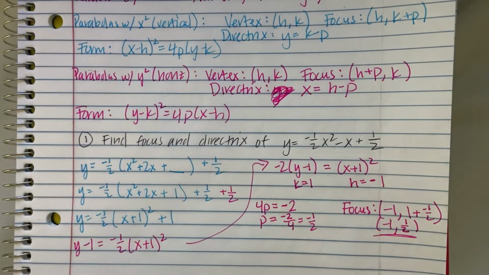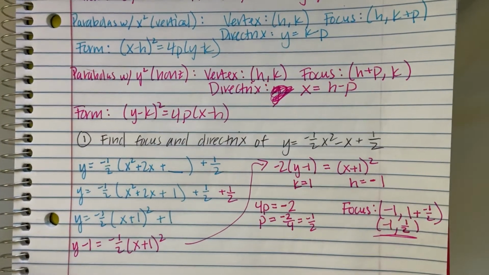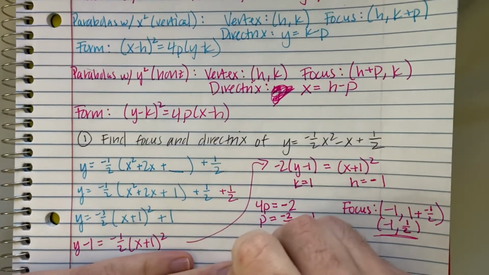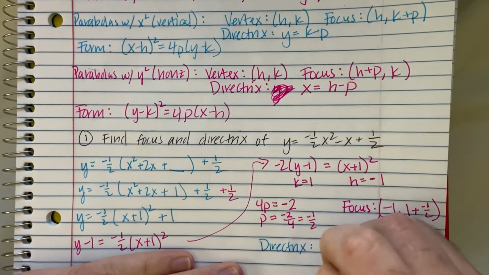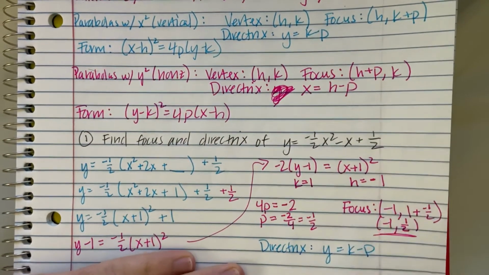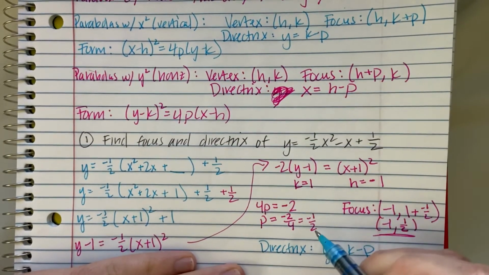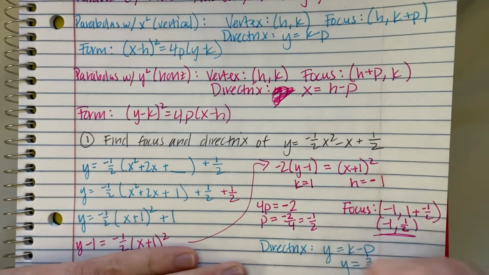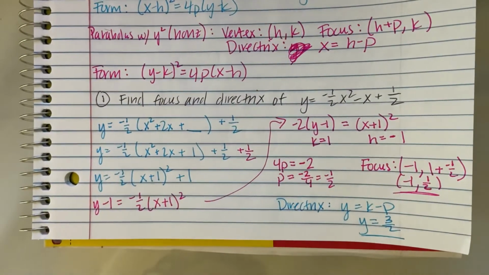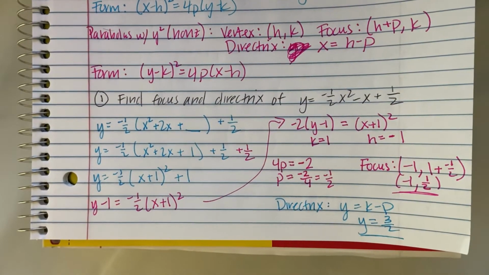And then the directrix is a y equals line, in this case, k minus p. So 1 minus negative 1/2, which is really 1 plus 1/2, so that's y equals 3/2. So those are our focus and directrix.